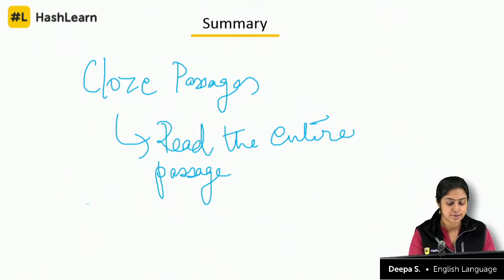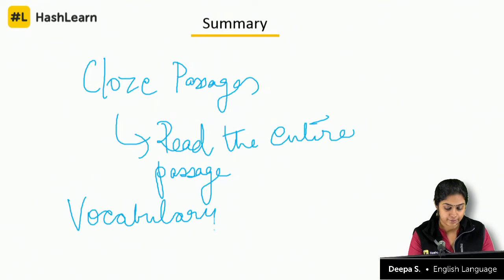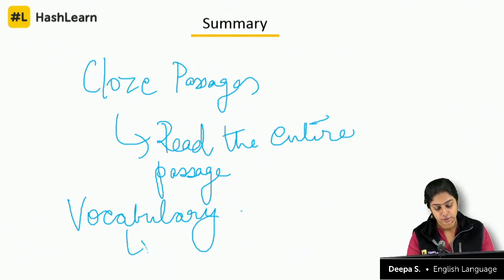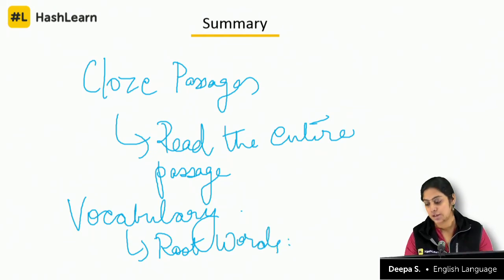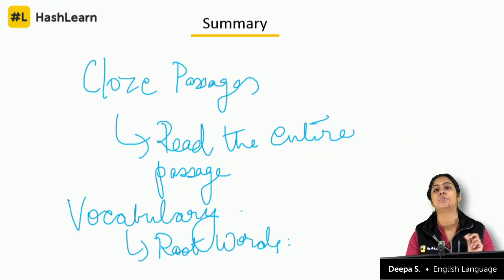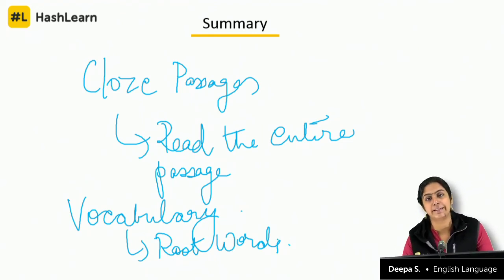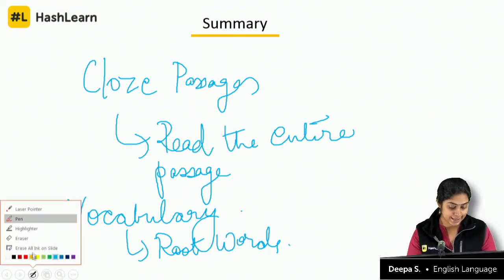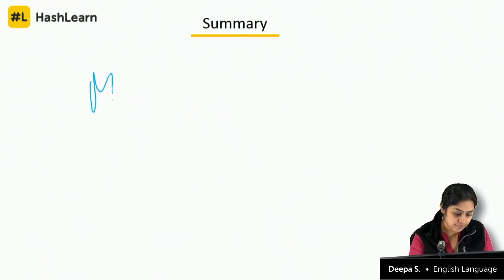For this you need a very strong base in vocabulary. We've seen some root words to study this. Now, apart from studying root words, because this is your ultimate vocabulary class, I also want to tell you something else here, and that is mnemonics.